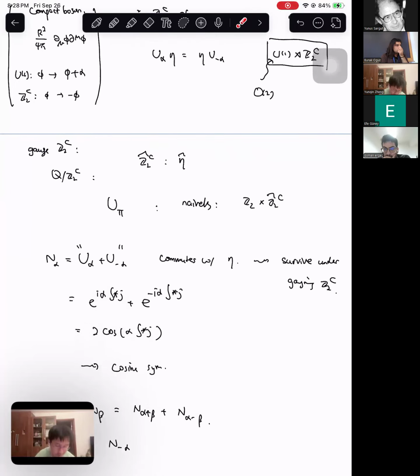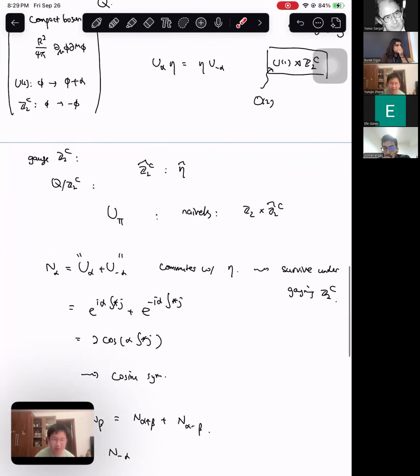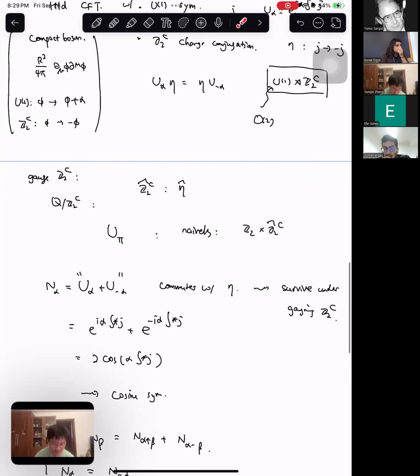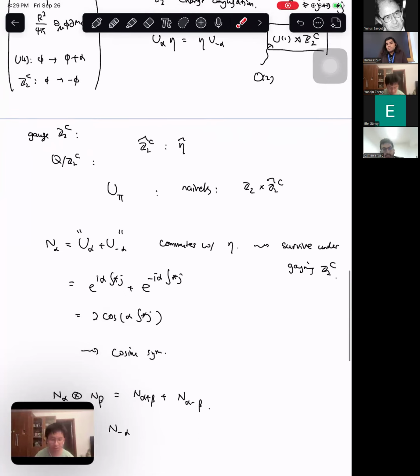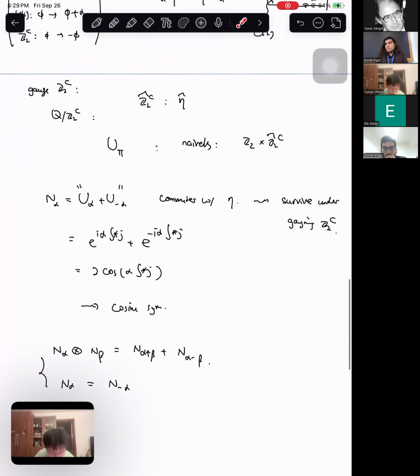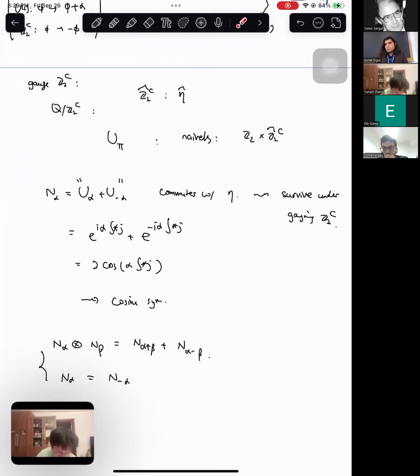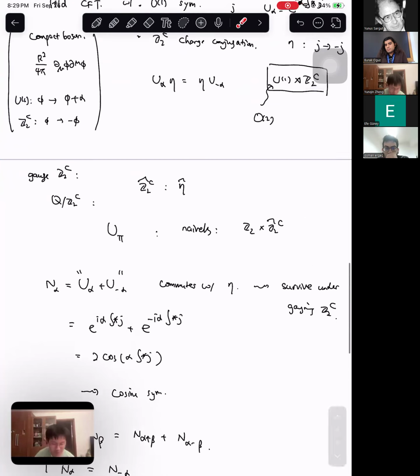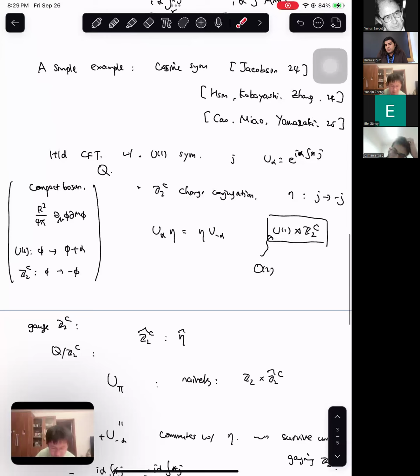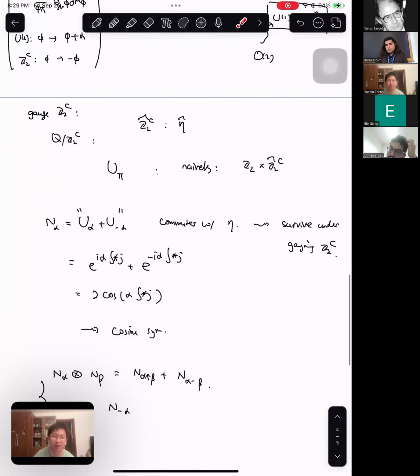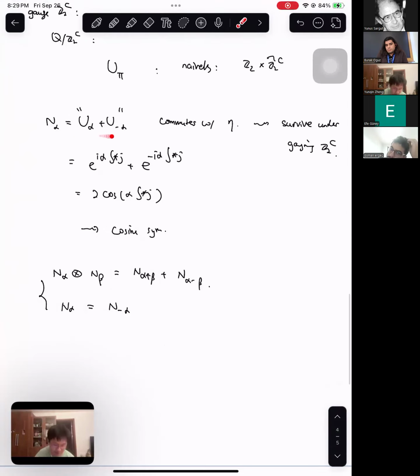It's not invariant under the charge conjugation gauge transformation, because in this theory we already gauged the charge conjugation. So this operator is global invariant, but not gauge invariant, so it's not a well-defined operator.